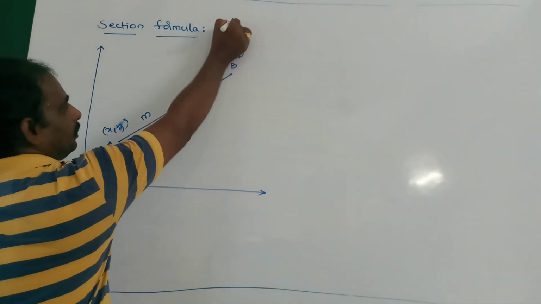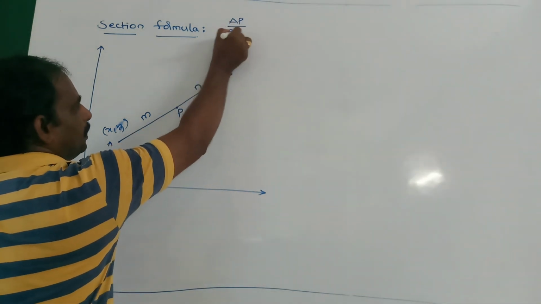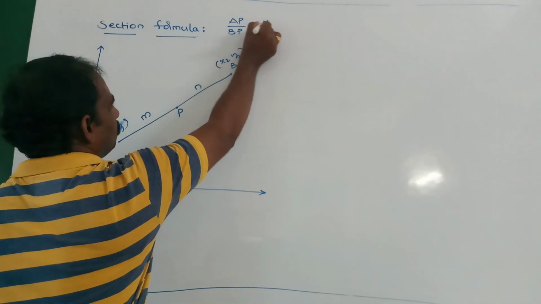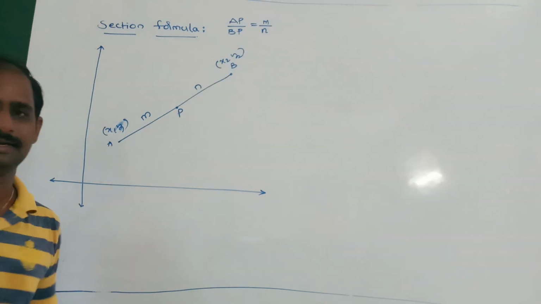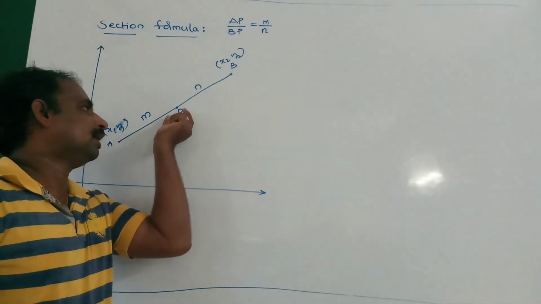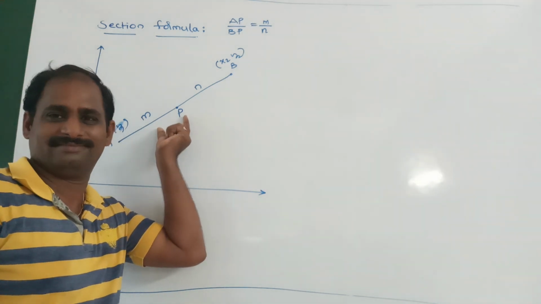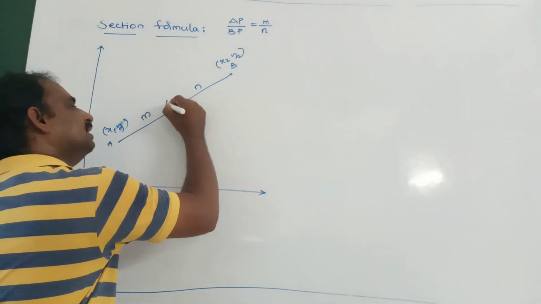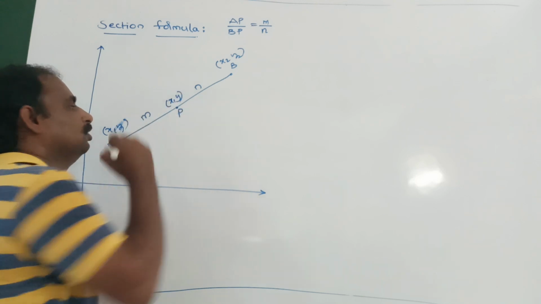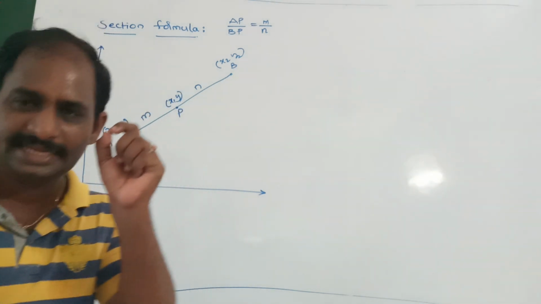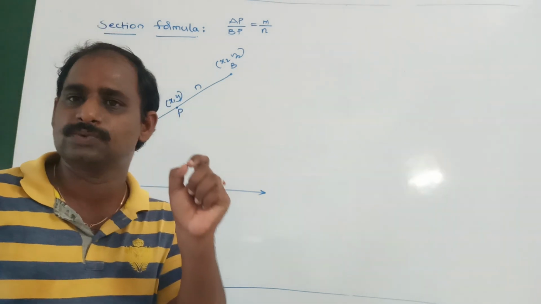That is nothing but AP by BP is equal to m by n. Then what are the coordinates of P? Let the coordinates of P be x comma y. Now we are going to find out what x is and what y is.